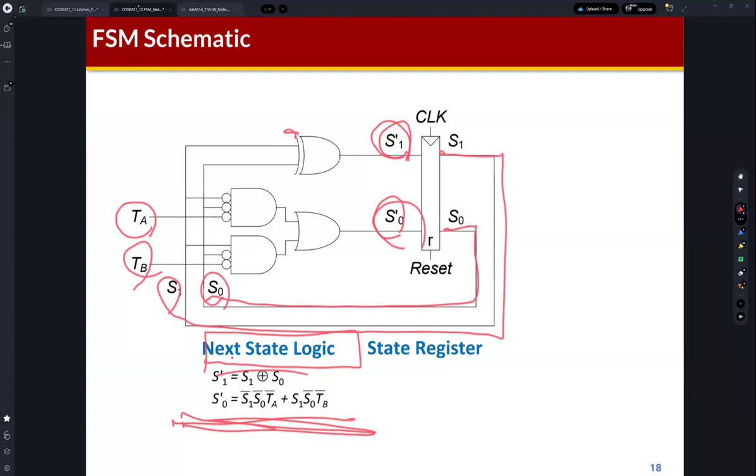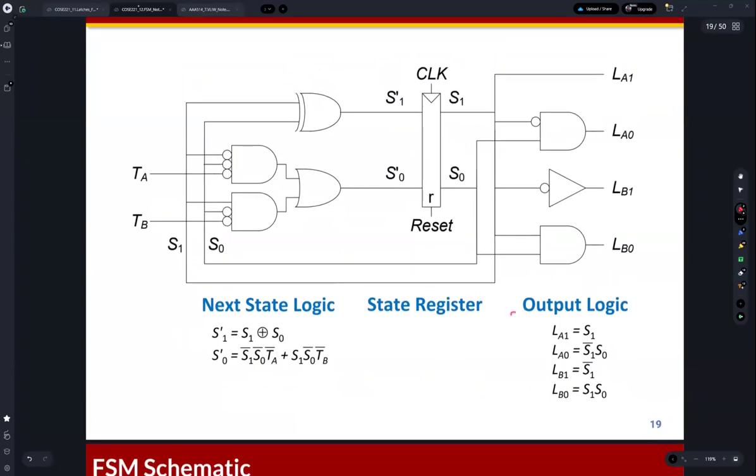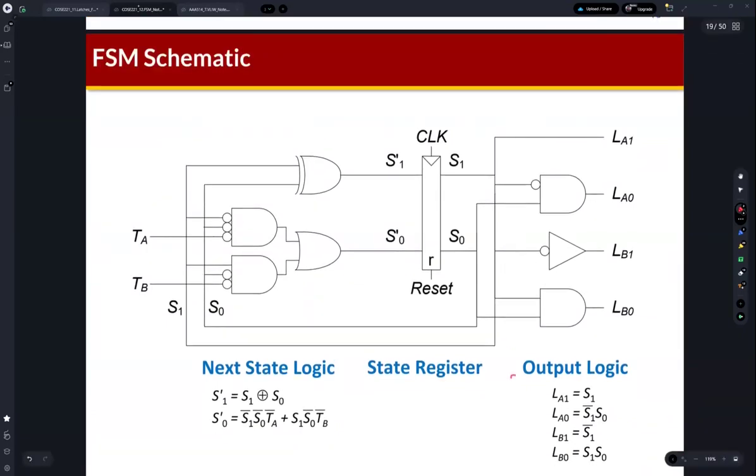And then we can define output logic. So output logic, this is the Moore FSM. So output logic is just determined by current state, right? So S1 and S0 is just used, and then using the output table, we define the truth table for the output signals based on the S1 and S0.